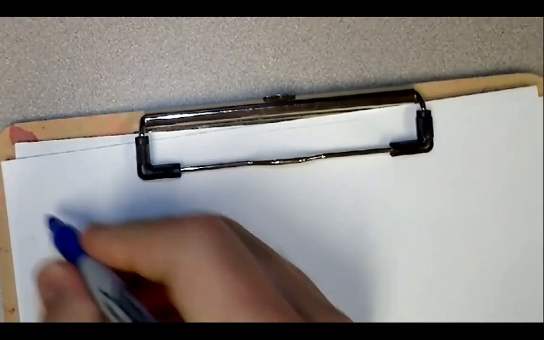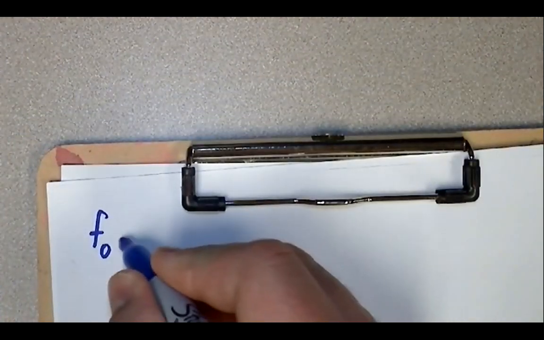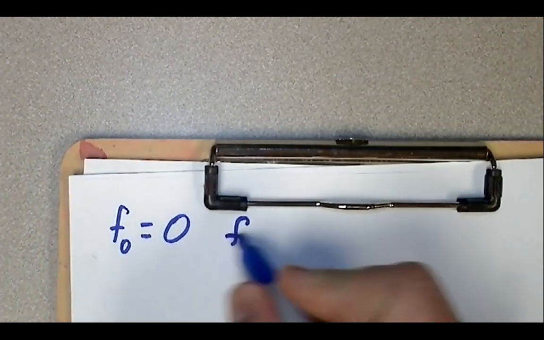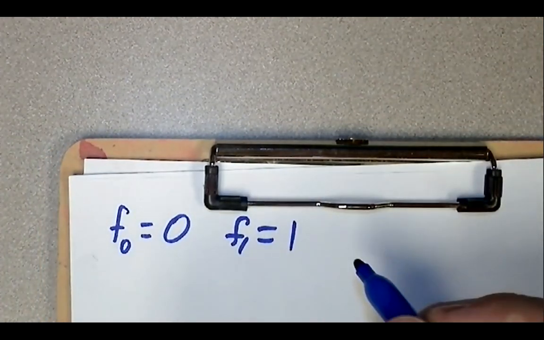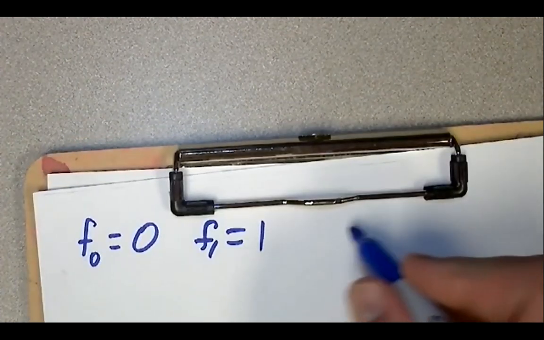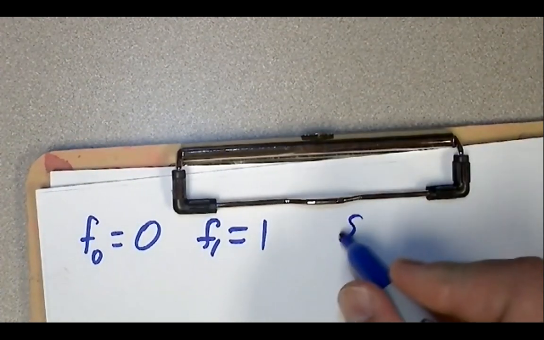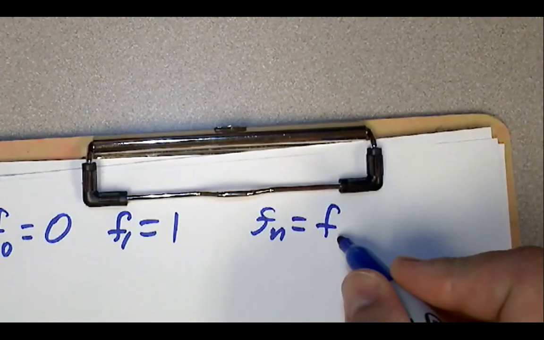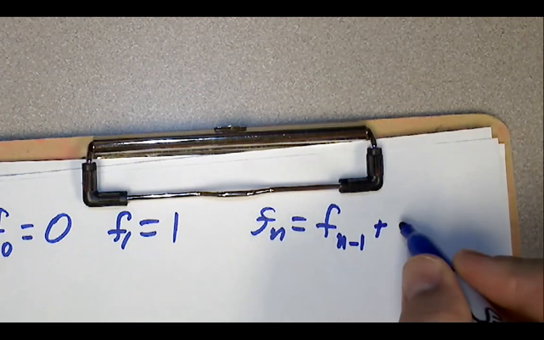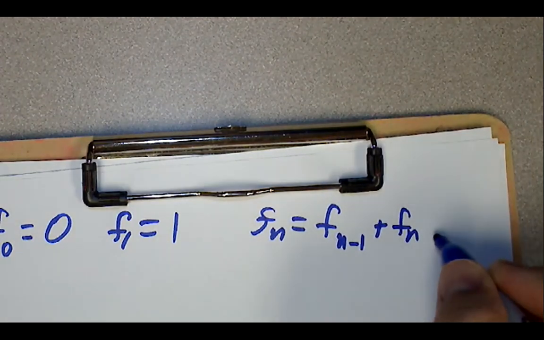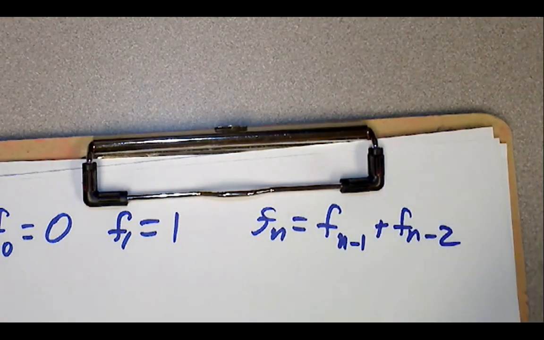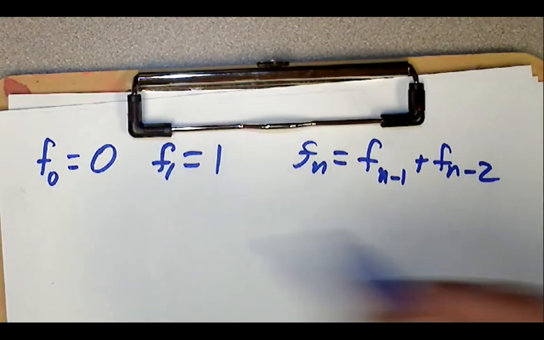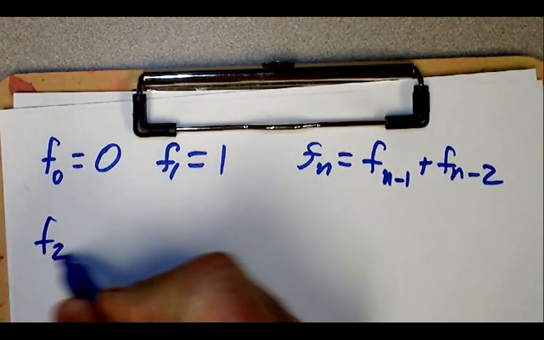So we'll start with, and then we also have, and then finally the book gives us this recursive term. Okay, so I now want to find f of 2.